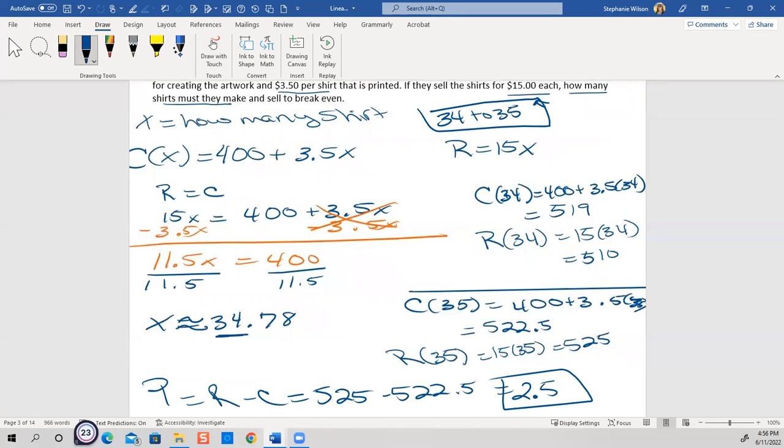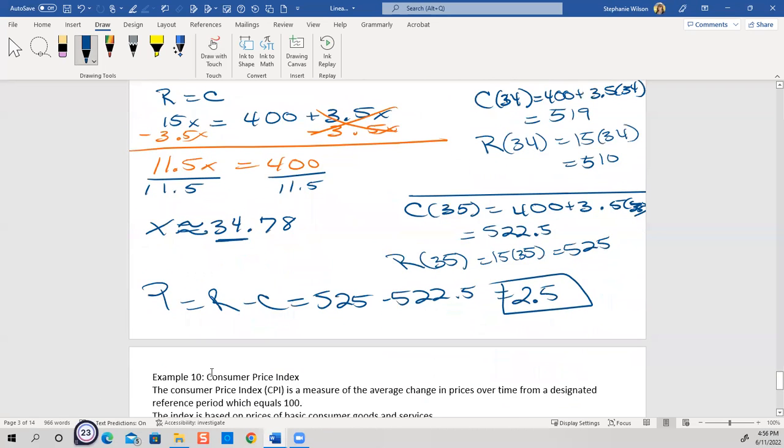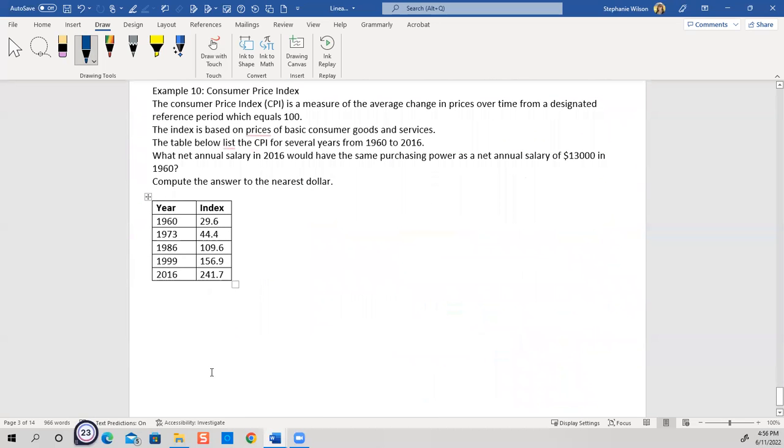Okay, so let's do our next example. So Consumer Price Index, CPI. So we got this Consumer Price Index is a measure of the average change in prices over time from a designated reference period, which equals 100, right?